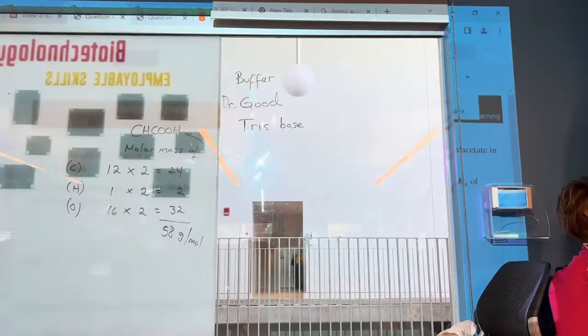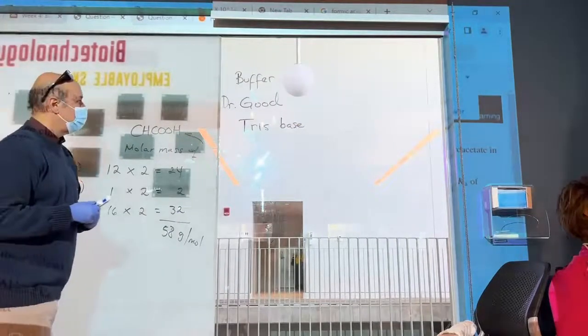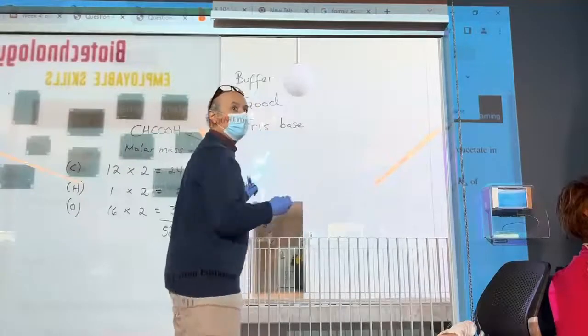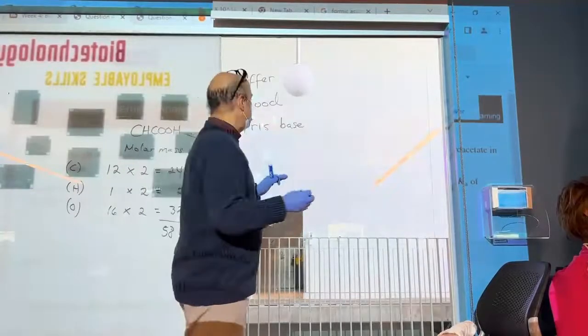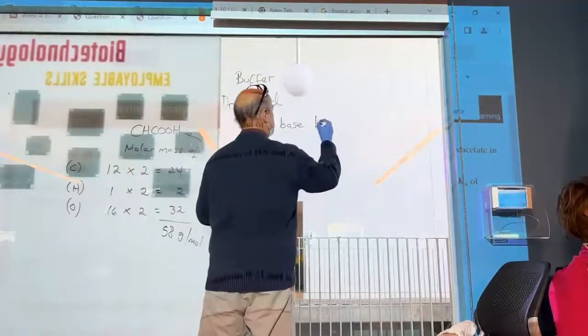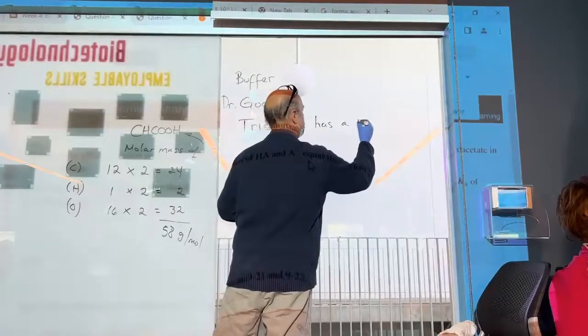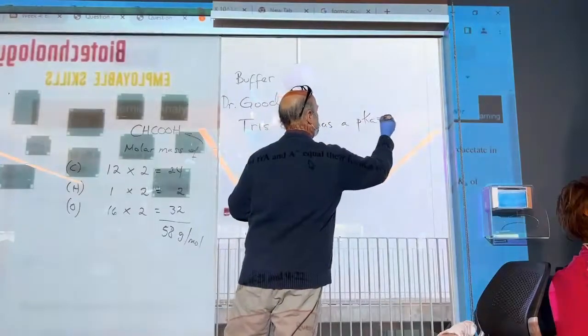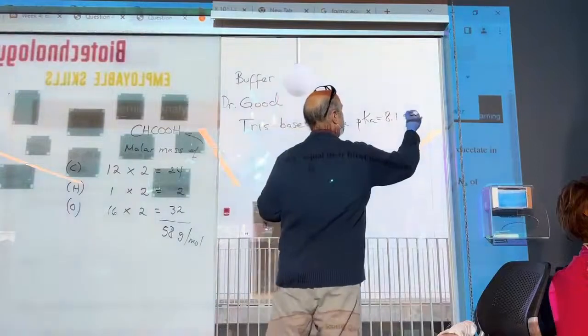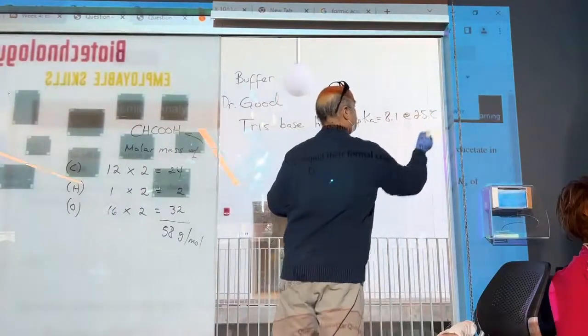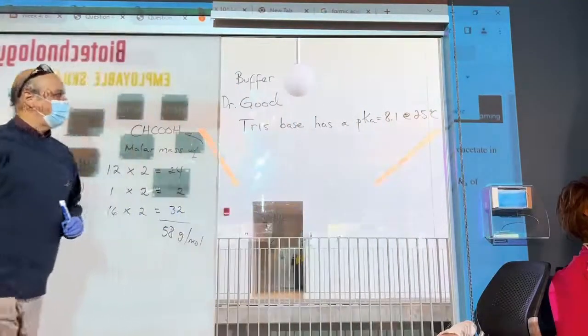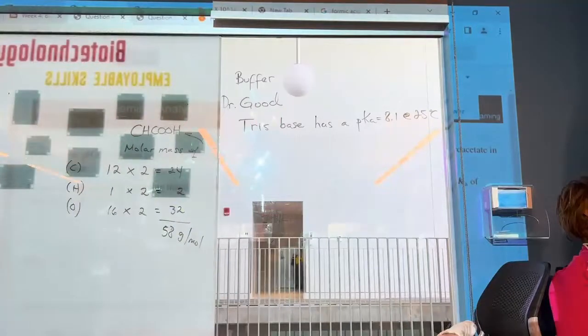T-R-I-S. 8.1. 8? 8.1. 8.1. At 25 degrees Celsius. Thank you, both. Okay. Now, what does that mean?